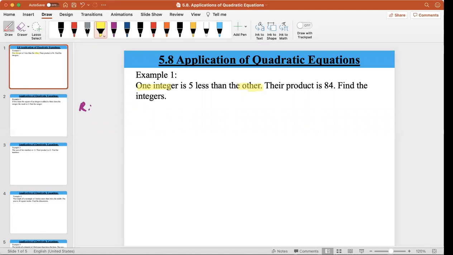Now we have to represent x first using the independent quantity, which is the other quantity. So let's say, let x be the other integer.